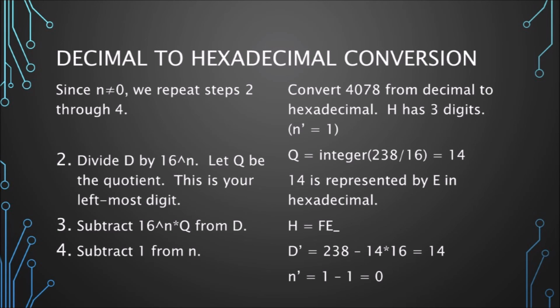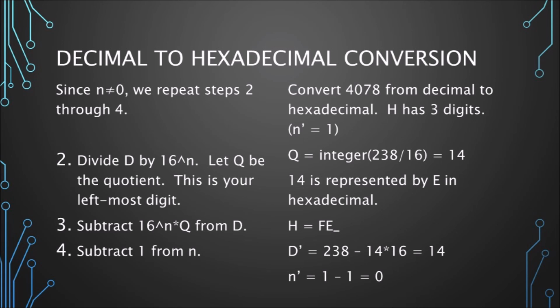With D now equal to 238 and n equal to 1, the quotient of 238 divided by 16 to the first power is 14. 14 is represented by E in hexadecimal, and so far our answer is FE with only 1 digit left to fill. The new D becomes 238 minus 14 times 16. That equals 14, and n is reduced to 0.